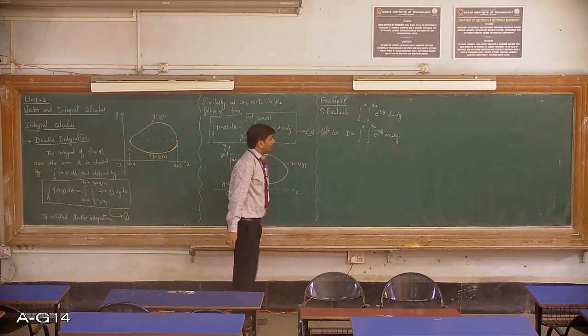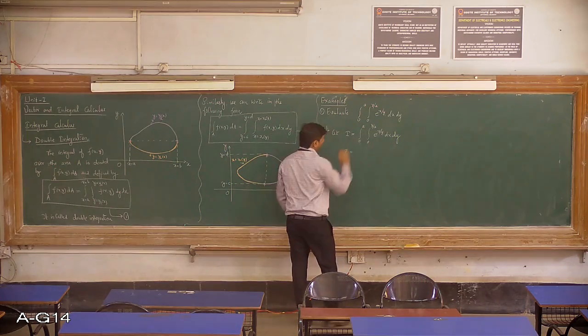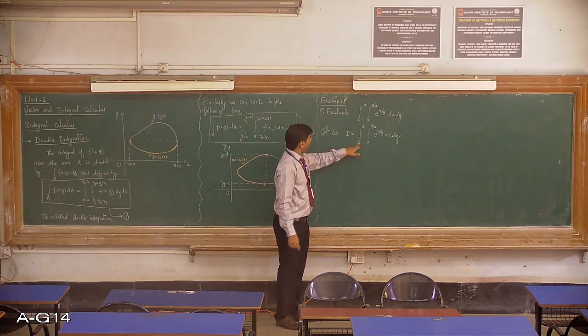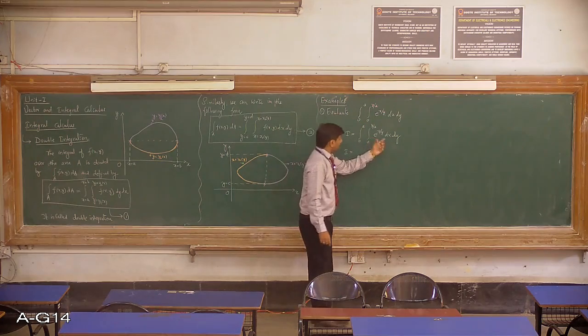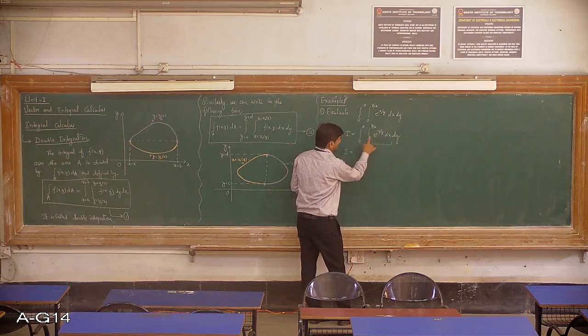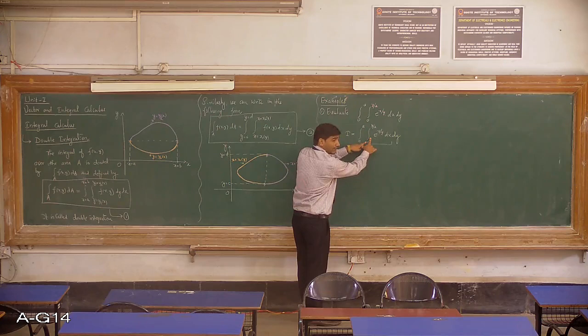Actually here the variables are not allocated, so whether this is x equals a or y equals a, what have they given? You can see here, dx is there, so this will be for this one. X is there, so this should be with respect to x.